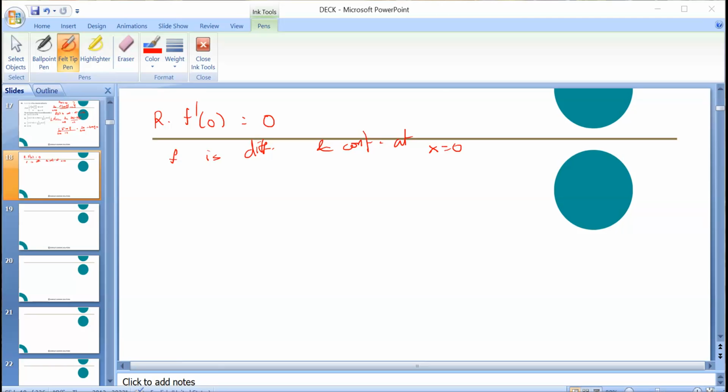But if you take mod of cos of pi by x, f will not be differentiable at x equal to the points where it is 0.